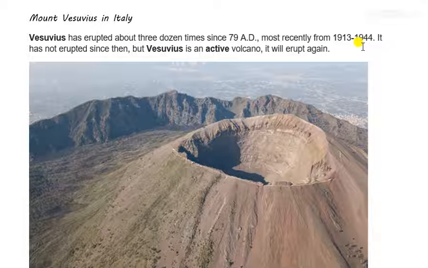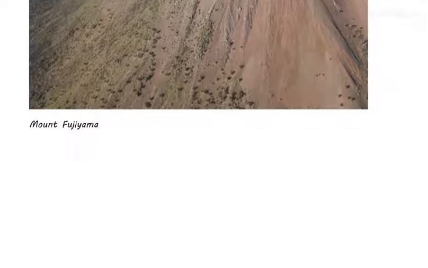So in terms of a volcano, not in human terms, this is a very recent date for eruption. Therefore Mount Vesuvius is considered as an active volcano. However, Mount Vesuvius has not erupted since 1944, but the experts say that now Mount Vesuvius is going to erupt again. Therefore Mount Vesuvius is an active volcano.